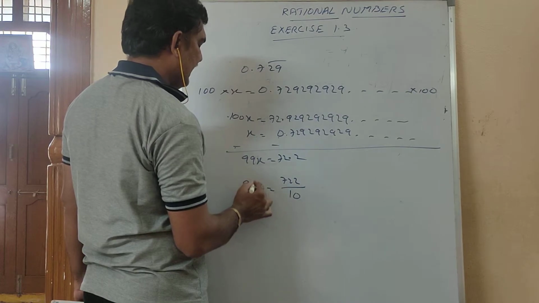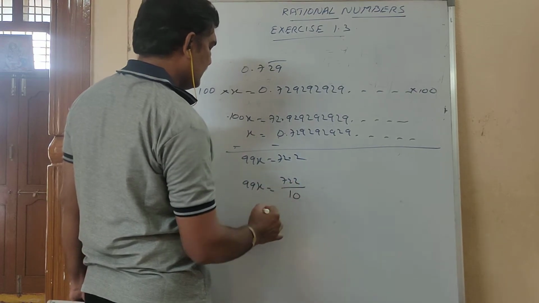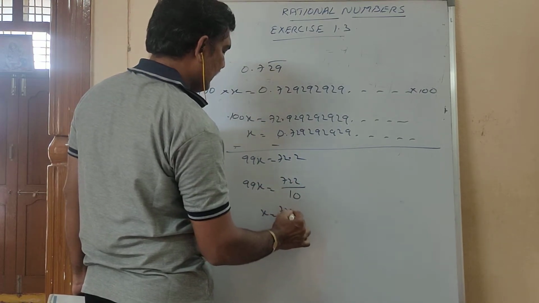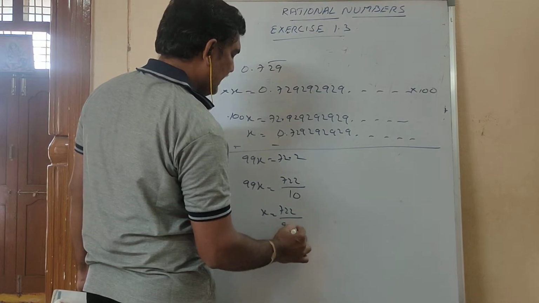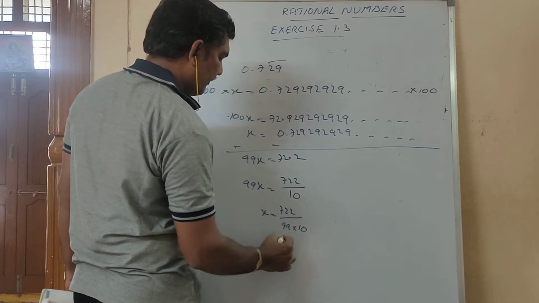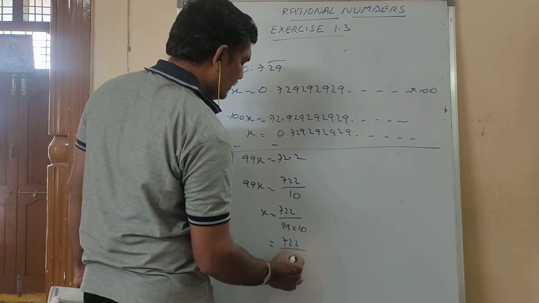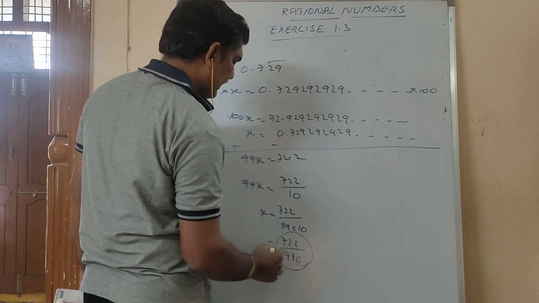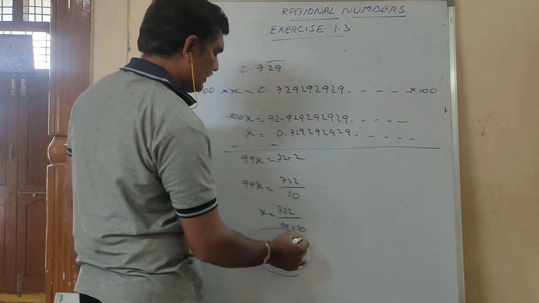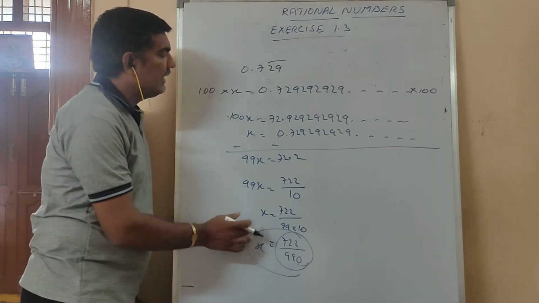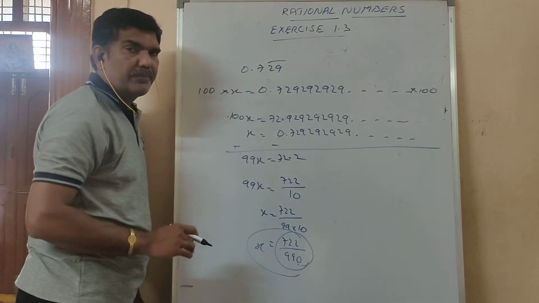And this 99 will be there or not? I have to bring it to this side. X is equal to 722 by 99 into 10. 99 tens are how much? 990. X is equal to 722 by 990. It is P by Q form.